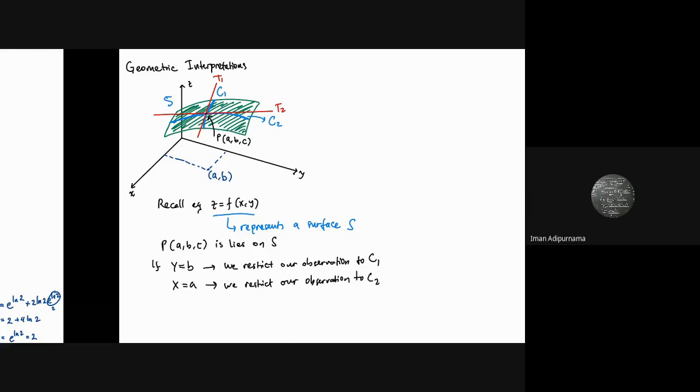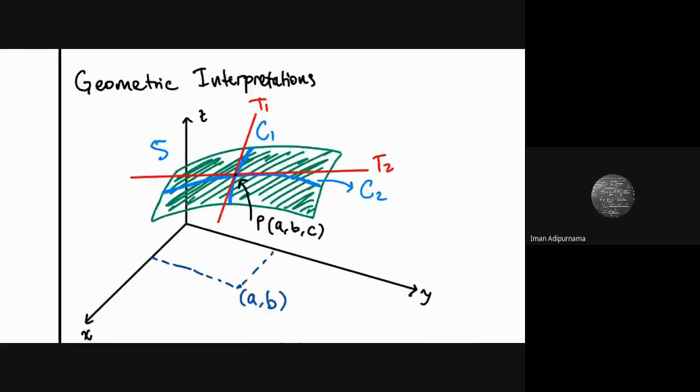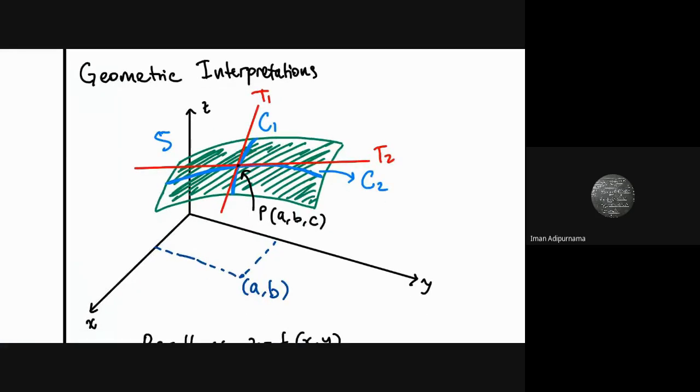Okay, this is what we have done in limit. So the middle point P here, the A, B, C, can be approached from many curves. Right? It can be approached from here, can be approached from here.